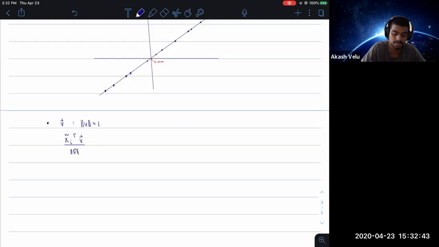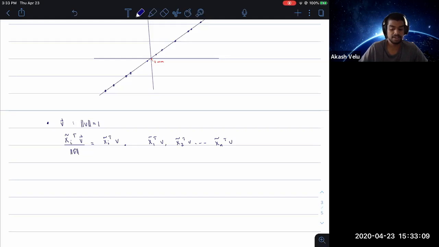So this is the scalar projection. Except remember that we restricted the norm of v to be 1, so this is just the dot product. So what we end up with is a bunch of scalar numbers, where each scalar number is just a dot product: x1, x2, and so on. So we take all these dot products, and now we have a bunch of scalar numbers.